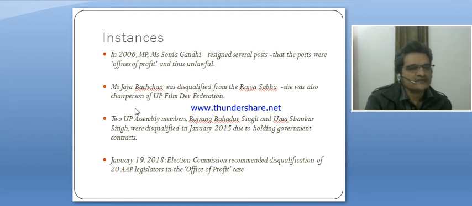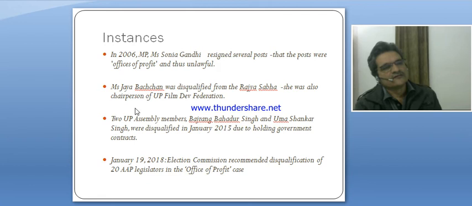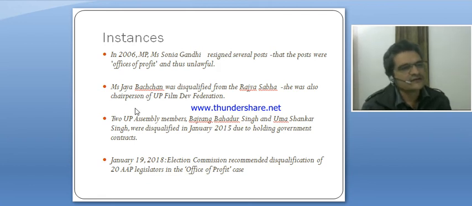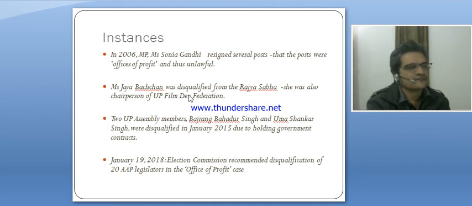These MLAs could be influenced by the executive, so definitely there will be a conflict of interest. So that office was taken as an office of profit. And the recent case of January 19, 2018, where 20 AAP MLAs have been recommended by the Election Commission, or in its opinion it has said that they are holding an office of profit.